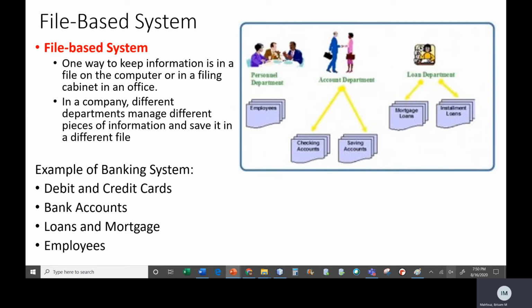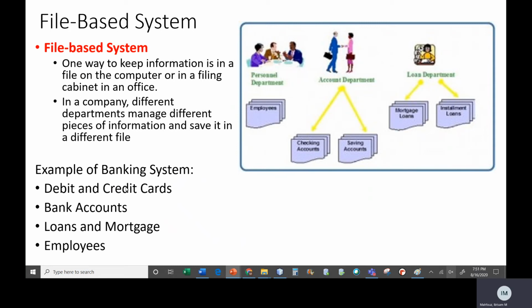And these departments sometimes share information and sometimes they are kind of standalone. So if you have an employee, you might not really be interested in anything about the employee except their information, where I should be depositing their check, and their degree and all that. But if I have someone with a bank account, I might be interested also to connect it with the debit account, because the debit account might be extracting the money from the checking account.